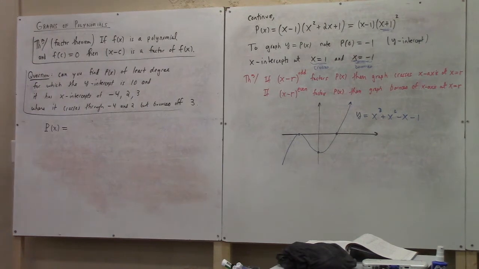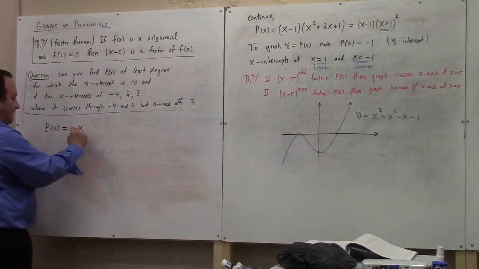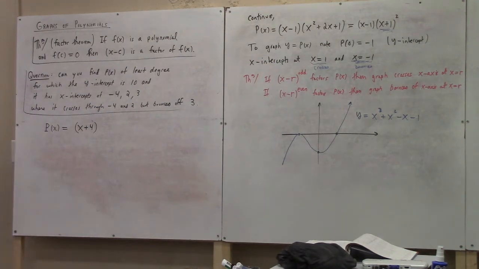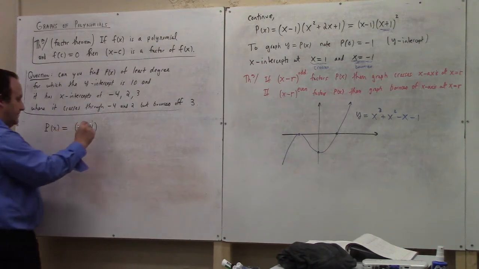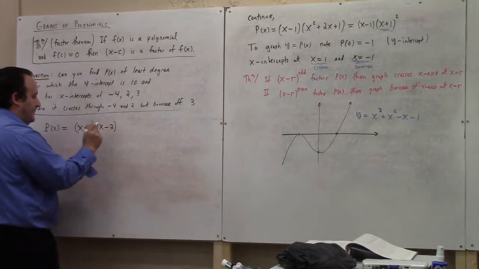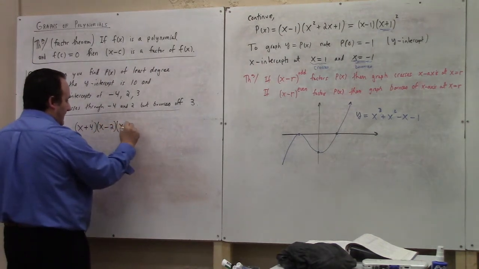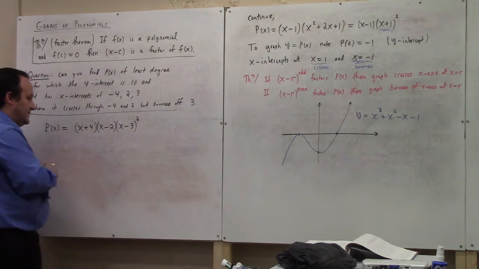And so we want it to be least, so we'll go with first power is enough. So to get us started, we want x plus 4. That'll be part of it. And then what else do we want? x minus 2. Yep. And then what about 3? We want x minus 3, right? And I heard a square, exactly, to make it bounce.